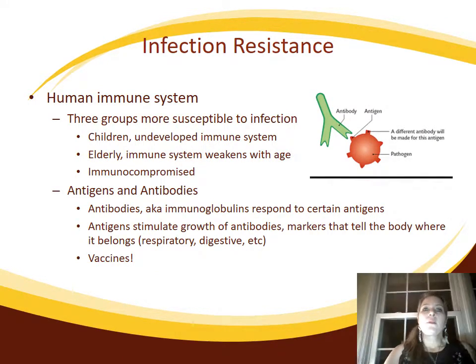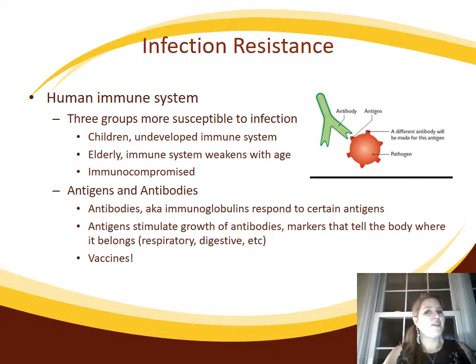Okay. We also have the human immune system. There are three groups of people that are generally more susceptible to infection than the rest of the population. That would be children, because they haven't fully developed their immune system yet. The elderly, because their immune systems tend to degrade over time.